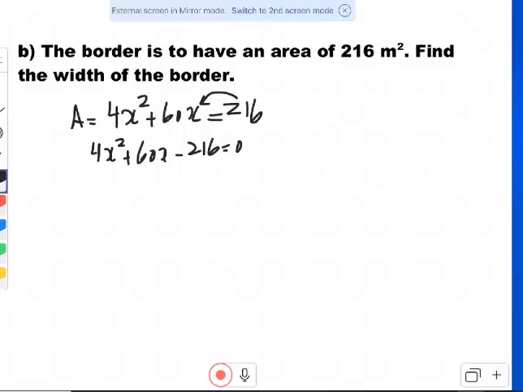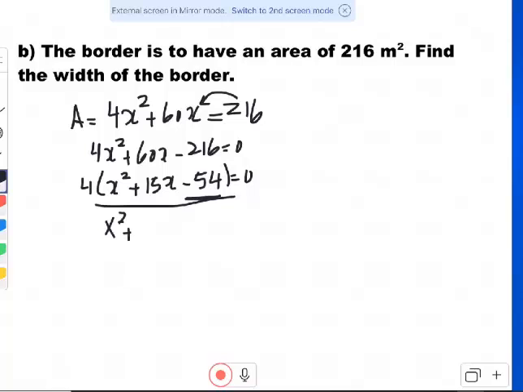I can factor out 4 and I get 4 times x squared plus 15x minus 54 is equal to 0. I have the product of two numbers equal to 0. 4 can't be 0, so the bracket has to be 0, so x squared plus 15x minus 54 is equal to 0.